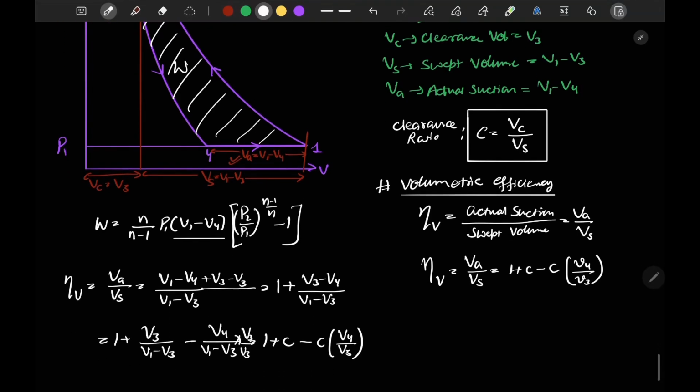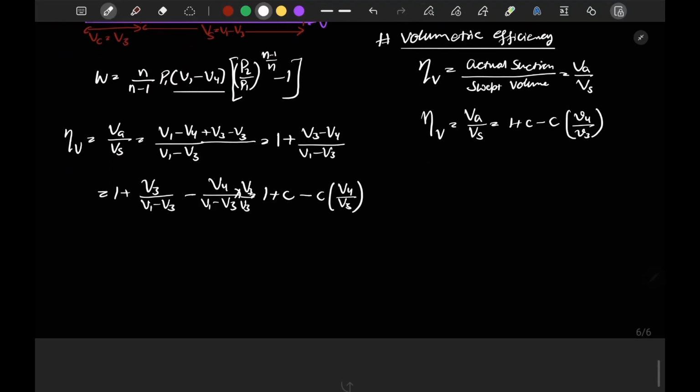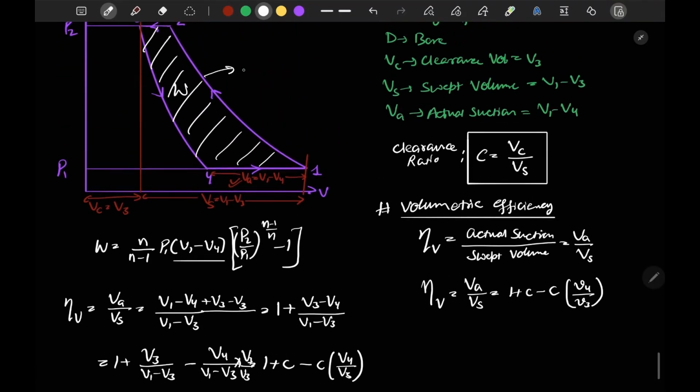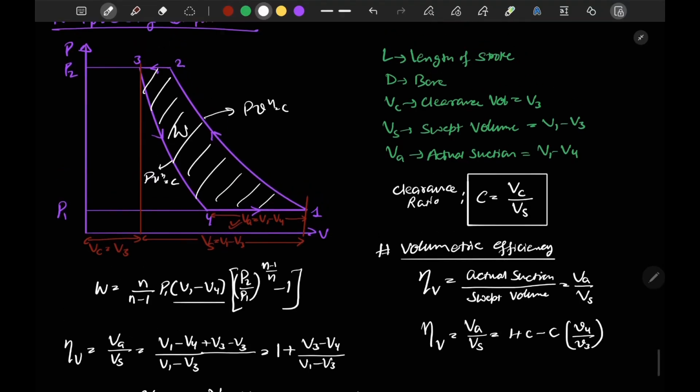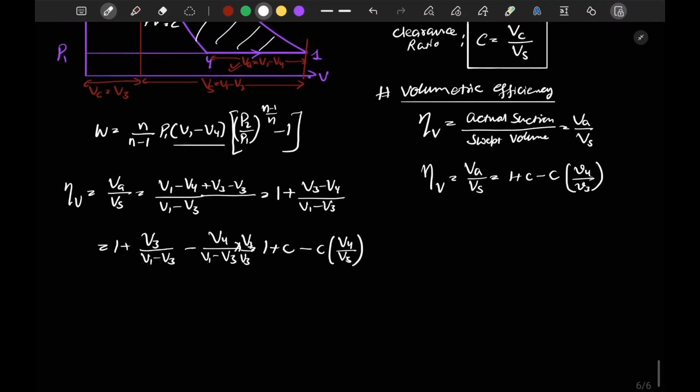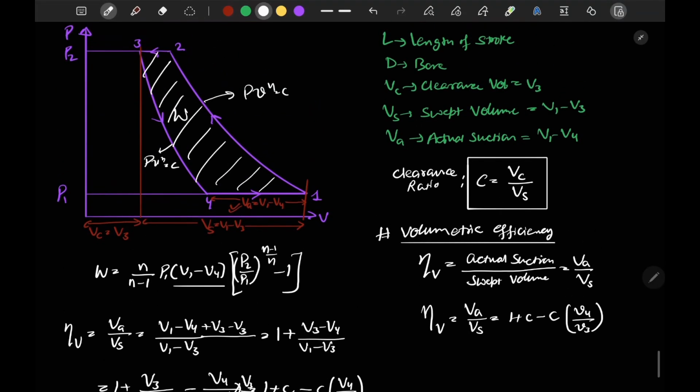We know that for an adiabatic process, this process is expressed by PV to the power n equal to constant. From here we can find that V4 by V3 can be written as (P3 by P4) to the power 1 by n, and P3 and P4 are equal to P2 and P1 respectively.